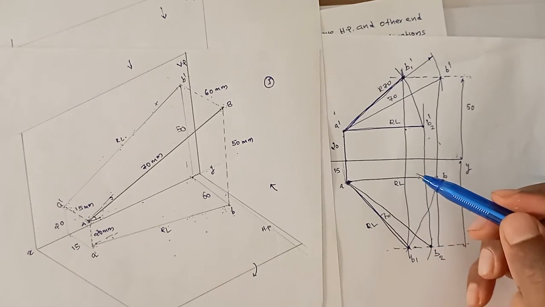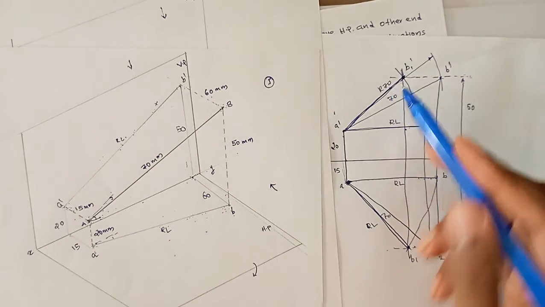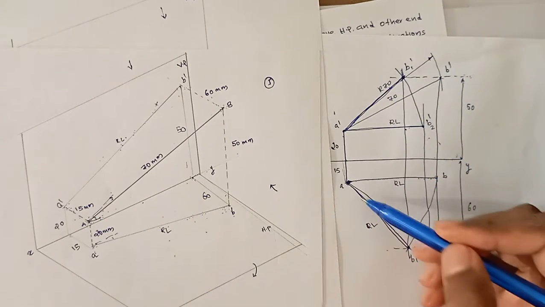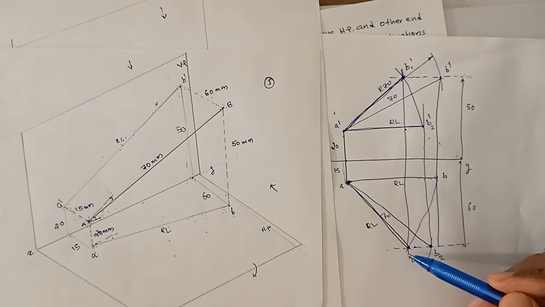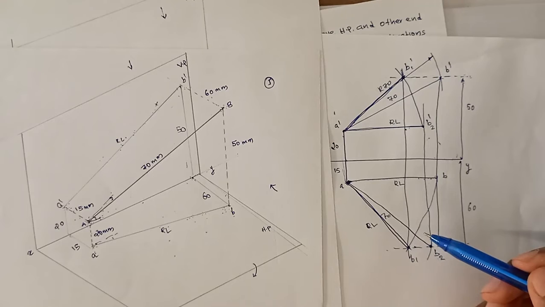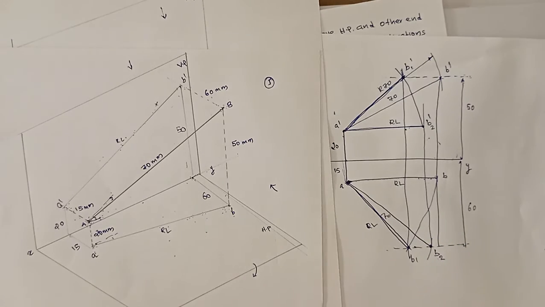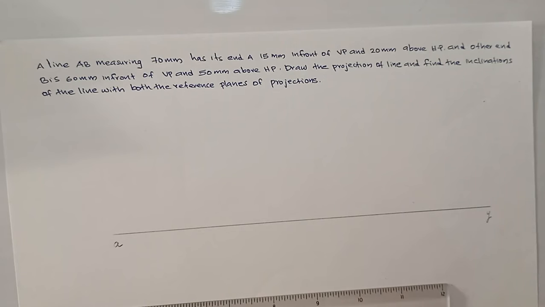This is your original reduced length of the top view. This method is called the rotating line method. First you have to make the line parallel to VP, keeping the angle with HP constant.